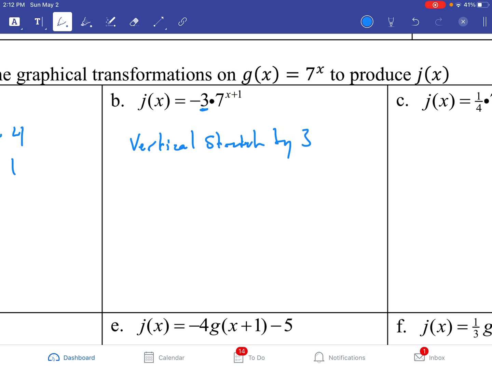There's also that minus sign in front of the 3. That is your reflection over the x-axis. And then the plus 1 next to the x is a horizontal shift. And that is going to the left by 1. So there are 3 different transformations on part B.